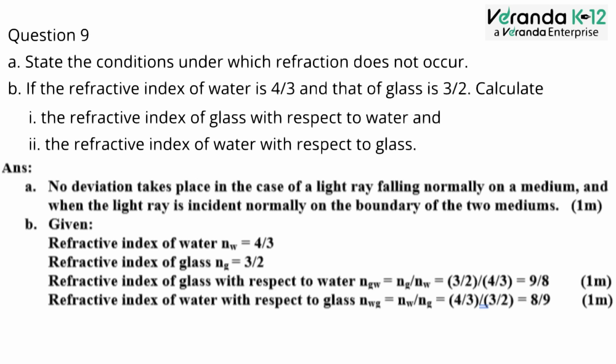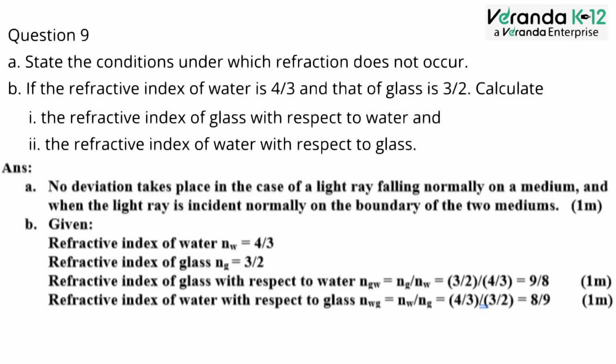Subdivision B. Given values are: refractive index of water is equal to 4/3, refractive index of glass is equal to 3/2. Refractive index of glass with respect to water is equal to refractive index of glass divided by refractive index of water. Hence, 3/2 divided by 4/3.